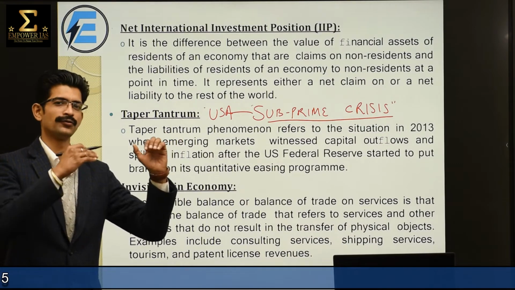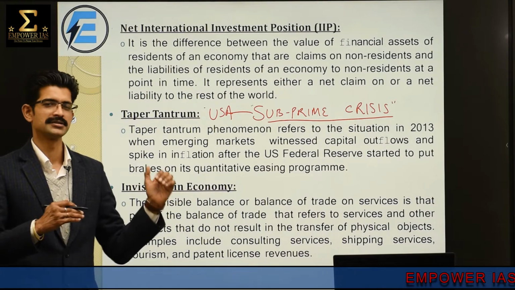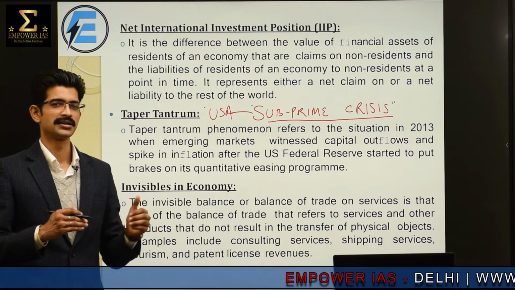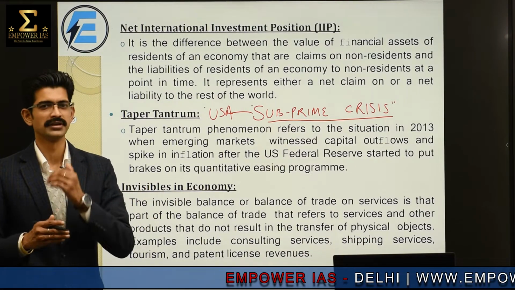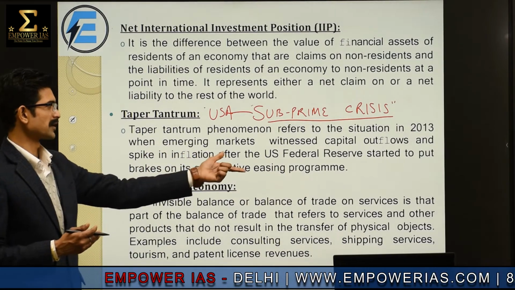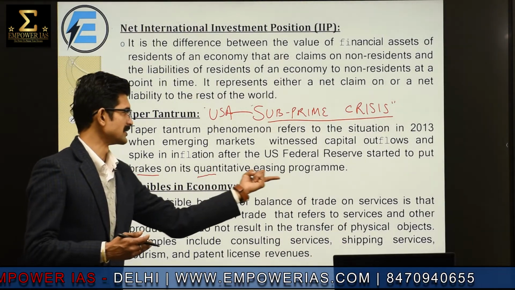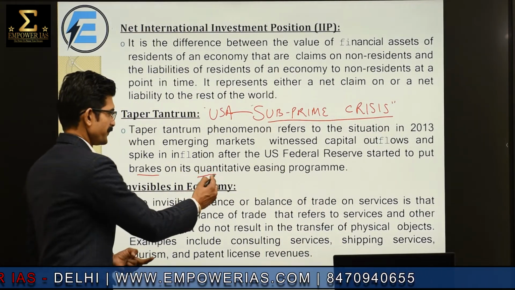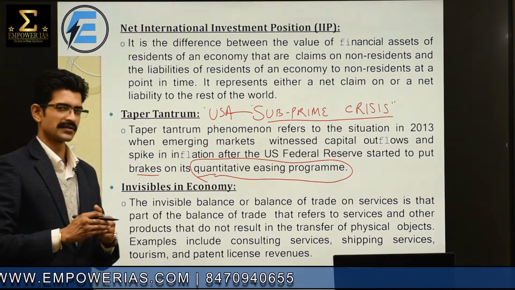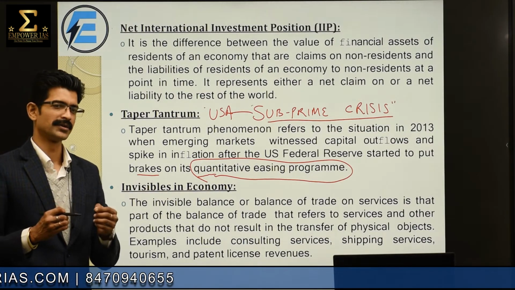Due to the impact of the fall of the United States economy, emerging market economies such as Afghanistan, Iran, Iraq, all the Arabian nations, all the African nations, as well as many Asian nations also faced the crisis. So this was called a taper tantrum, in which the US Fed started to put brakes on quantitative easing programs. Remember it, the US Federal Reserve reduced the quantitative easing programs considerably. It started reducing the liquidity from the market.